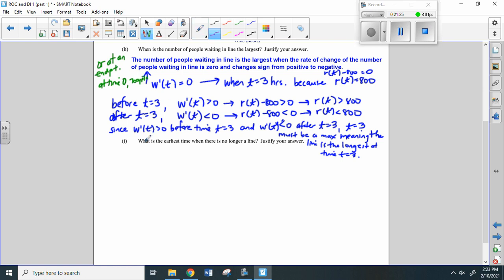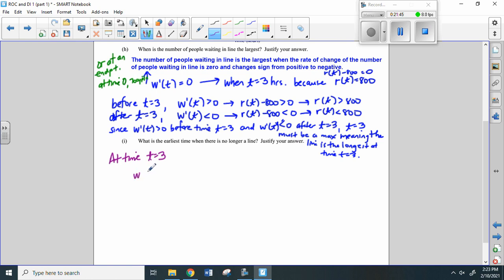All right, so how many people are there in line at time 3? Okay, at time t equals 3, how many people are in line? Well, remember, in a previous section, we found a formula to figure out how many people are in line.